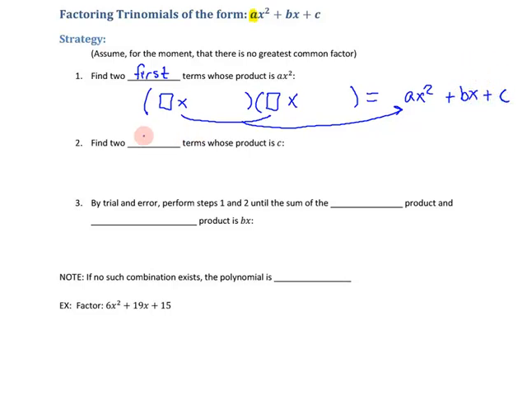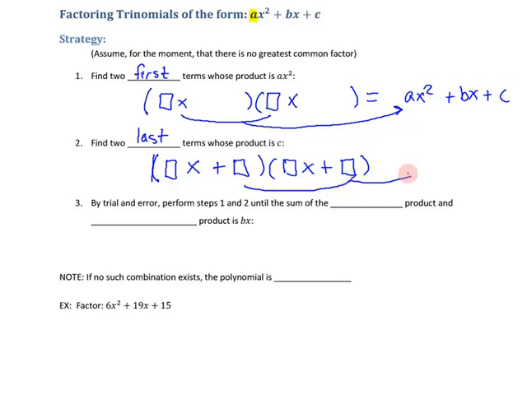Then we're going to find two last terms whose product is c. We'll find something to go right here, and something else to go right here, and the lasts will multiply together to give me the c. So ax squared plus bx plus c.